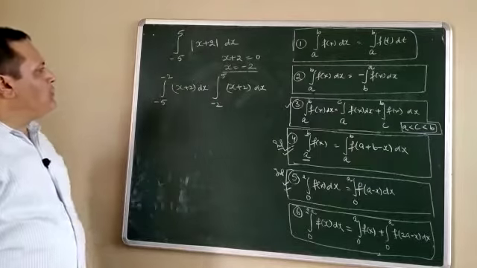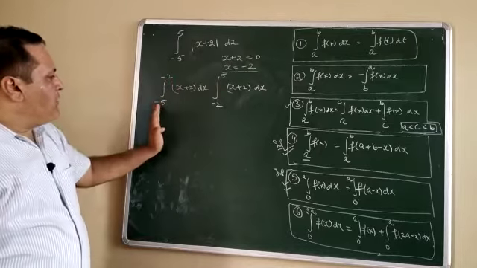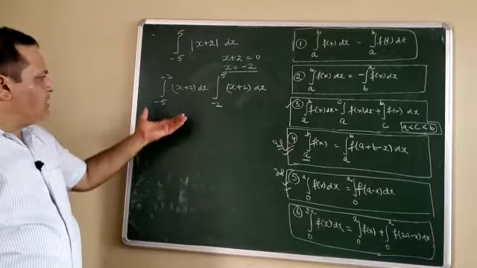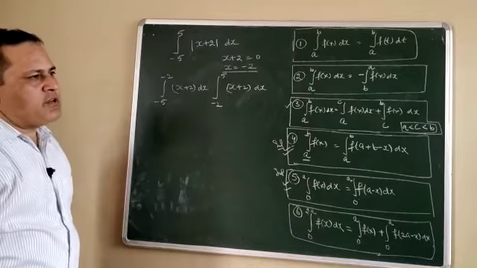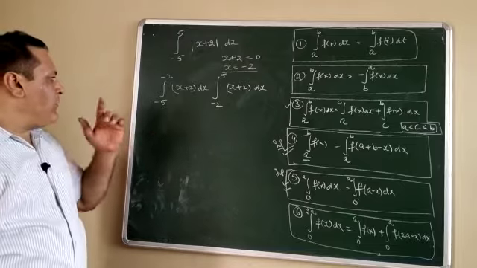Now if you observe carefully, the modulus symbol is removed here. This one function is broken into two parts. Now which part behaves as a positive function and which behaves as a negative function? Let us discuss that.